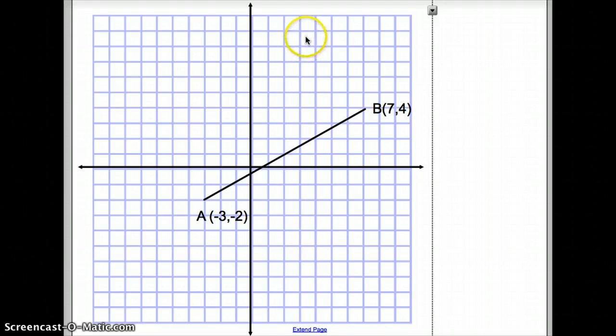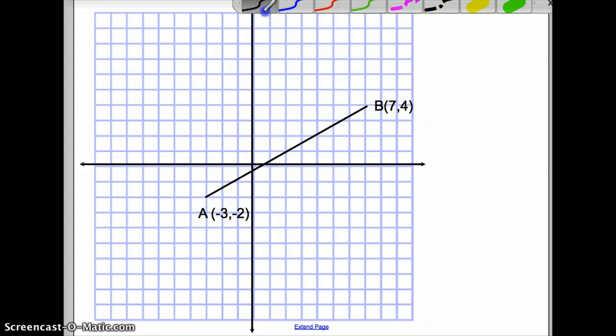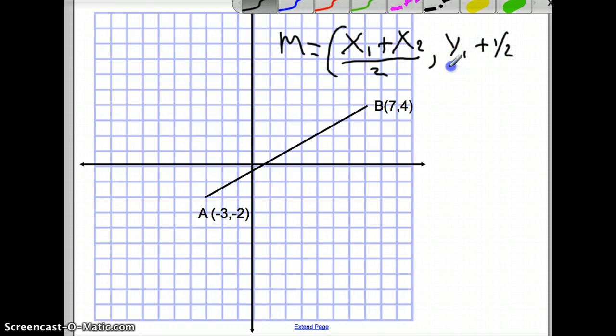And that basically gives us something we call the midpoint formula, which is M equals the average of the x coordinates, so (x1 plus x2) divided by 2, and the average of the y coordinates, (y1 plus y2) divided by 2.